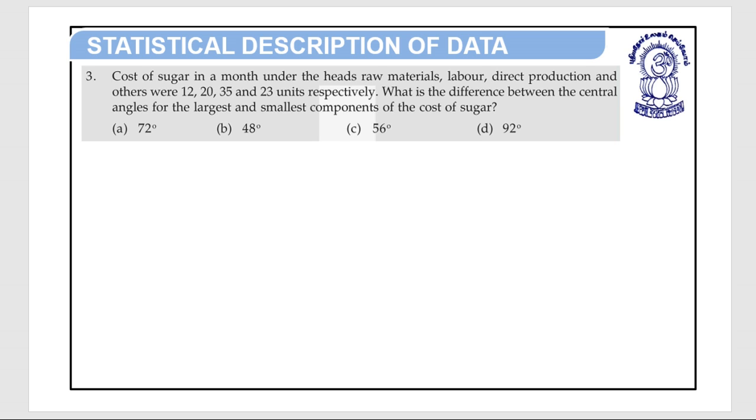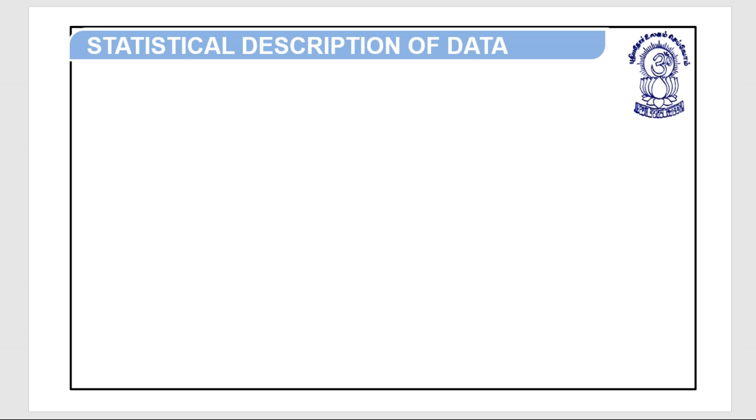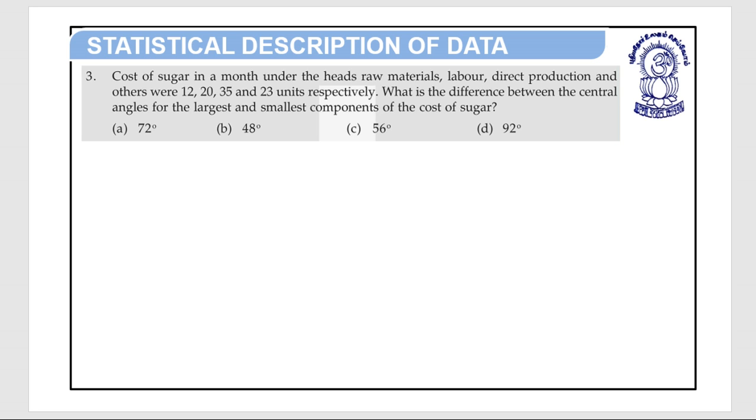Next question, question number 3. Cost of sugar in a month under the heads raw materials, labor, direct production and others were 12, 20, 35 and 23 units respectively. What is the difference between the central angles for the largest and smallest component of the cost of the sugar?